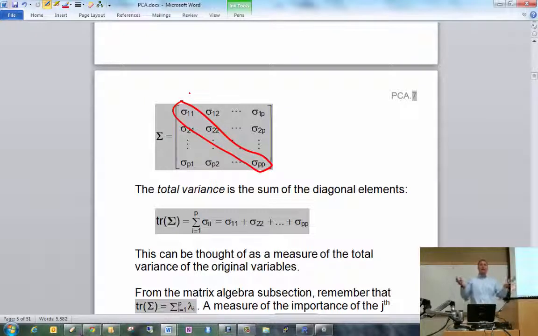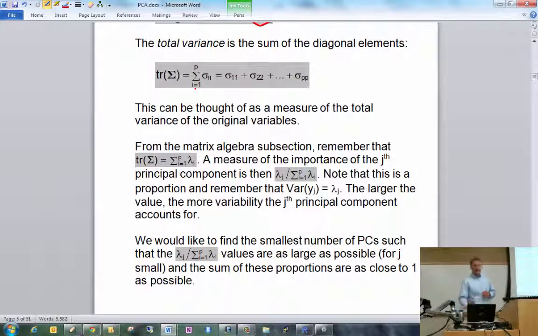You're adding up all the variances. So you can kind of think of this as a numerical measure then of the information that's available to you in your data set. And so as you might expect then, our goal is to try to get principal components that explain as much of this total variance as possible.